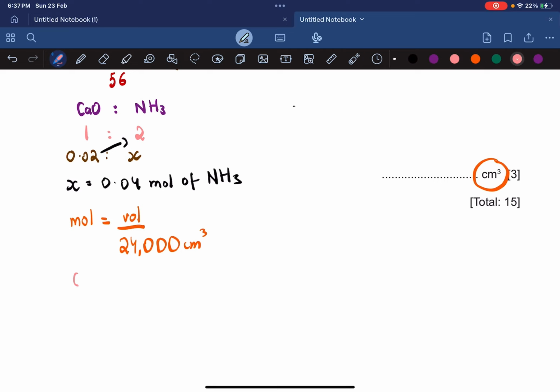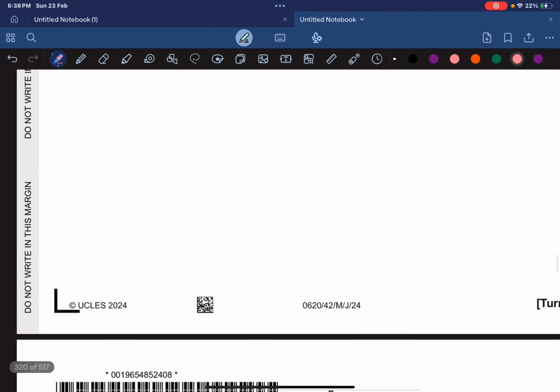It was 0.04. This is going to get multiplied with 24,000 to give my volume. So 0.04 multiplied by 24,000 is going to give me 960 cm3. Okay, done with it. Let's move on.